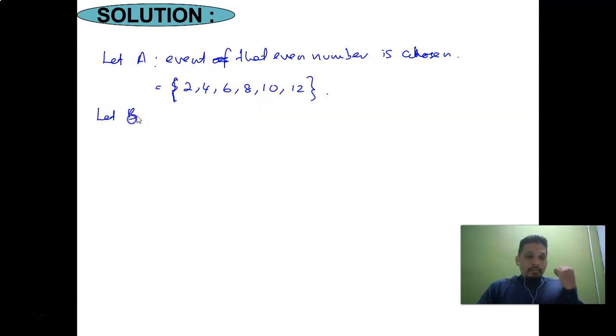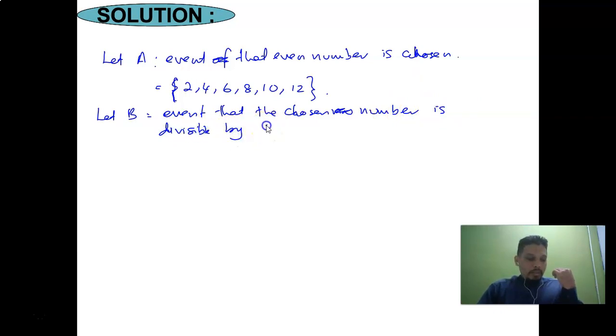And let B be the event that the chosen number is divisible by 3, which is 3, 6, 9, and 12.